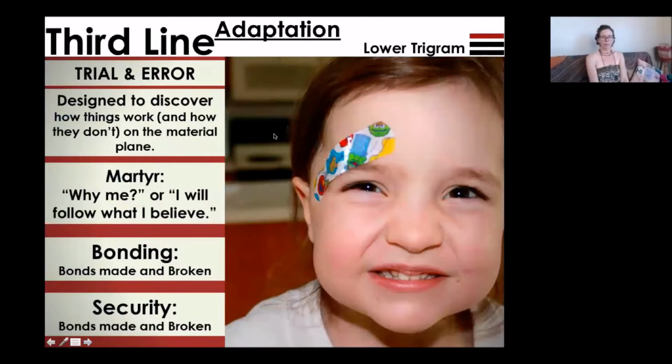Okay, the third line. The 3s are the martyrs. Martyrs are engaged in the physical world. They're engaged on the material plane. They're engaged with things like their health, with wealth, with the house, fixing the plumbing, working out, building their muscles, like sports.